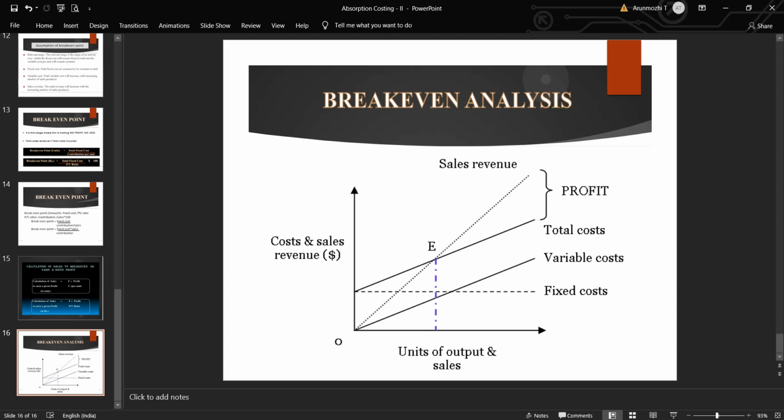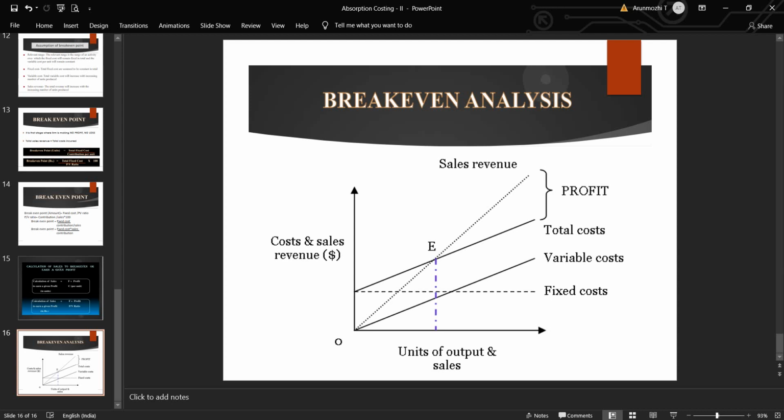Now, the method to follow is: on the x-axis of the graph is plotted the volume of production or the quantities of sales, and on the y-axis, that is the vertical line, cost and sales revenue are represented. The fixed cost line is drawn parallel to the x-axis because with any volume of production, the fixed cost shall remain the same.